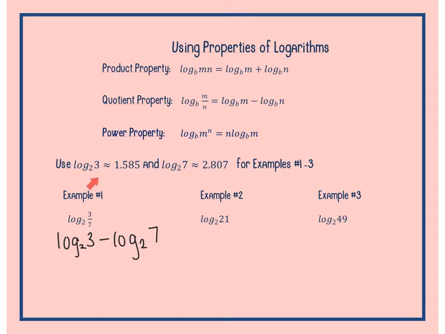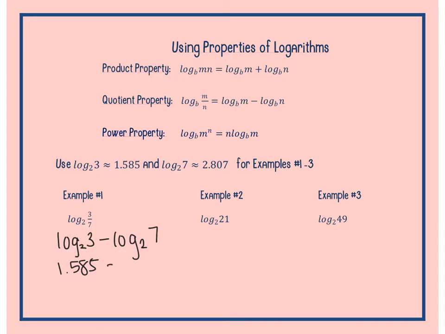Well, on these first two slides, they're going to give you some numbers that you can actually use for approximation. So log base 2 of 3 is 1.585. And then we see log base 2 of 7 is this. So notice that they gave me log base 2 of 3 and log base 2 of 7 so that I can actually finish solving these.